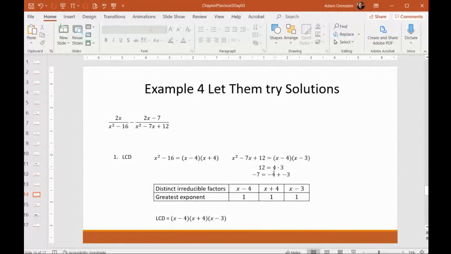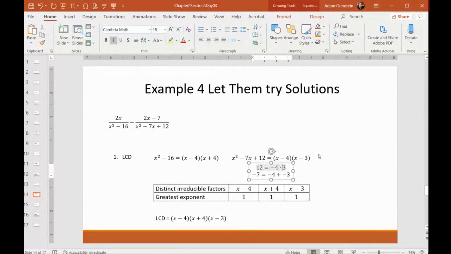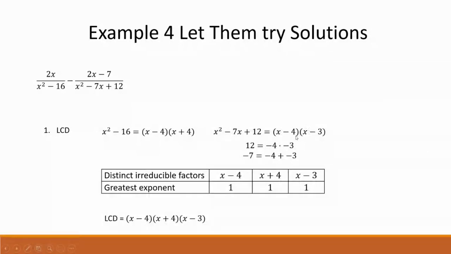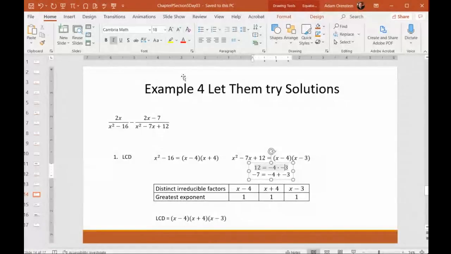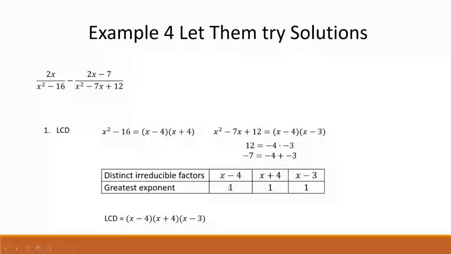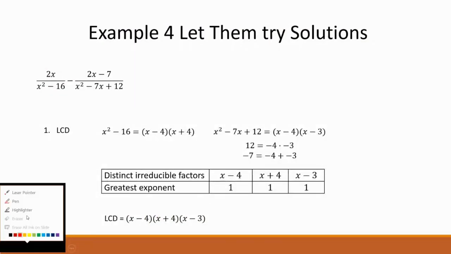Let me just fix that quickly. There we go. And so we get negative 4 and negative 3, and so we factor it to get this. Okay, like that.